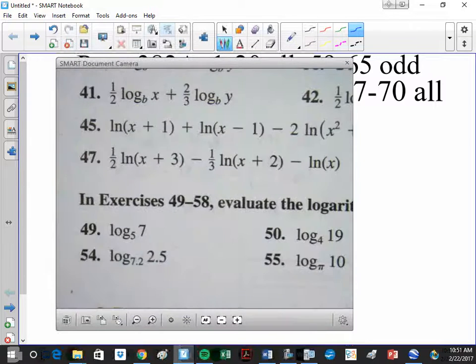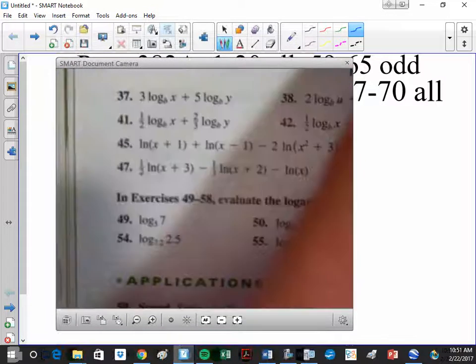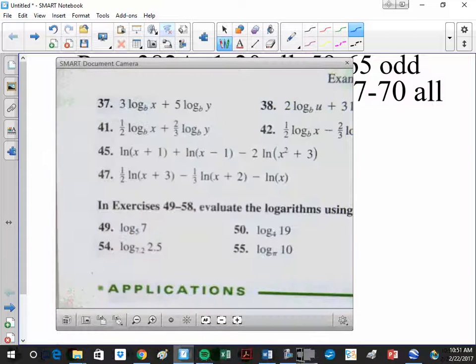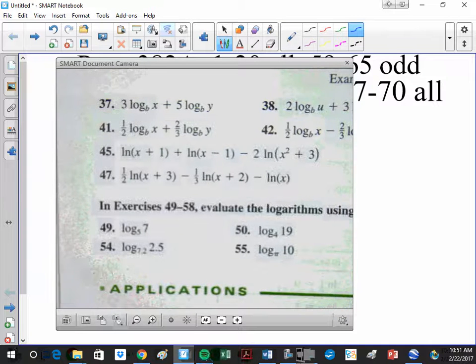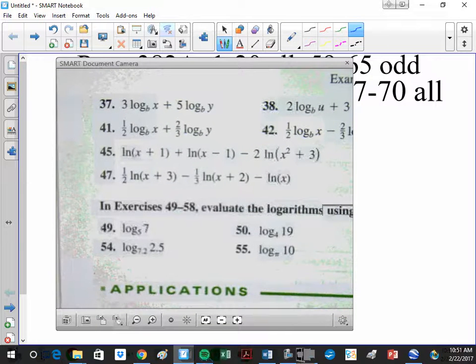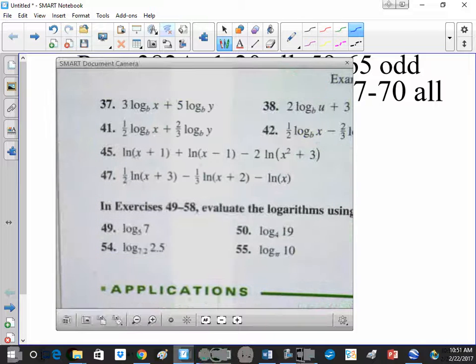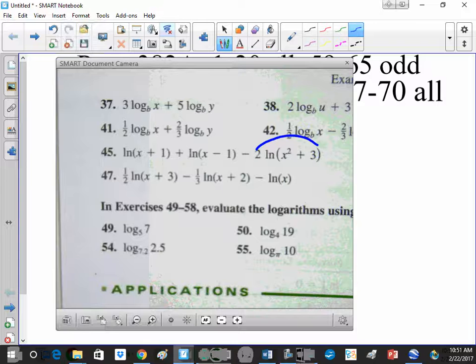So look at 45. If you're going to condense them into a single logarithm, the bases have to be the same. So on 45, are the bases all the same? Yes. So I'm going to lift that up and turn it into a squared. These will be multiplied by each other.